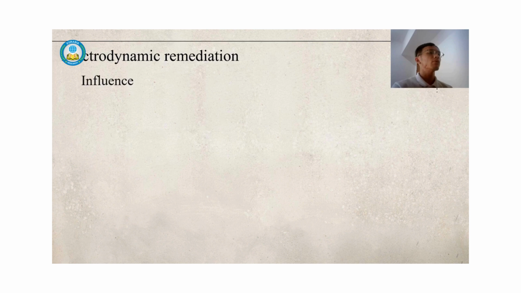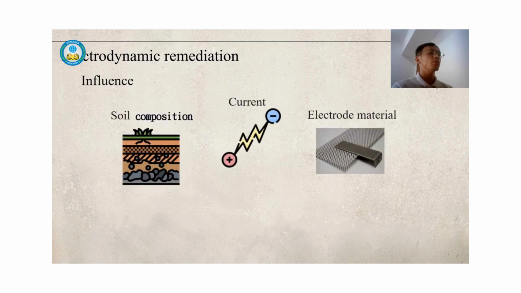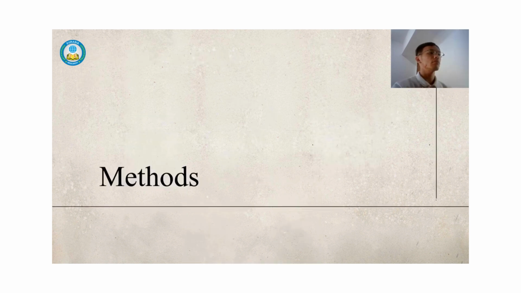There are many factors that affect the remediation effect, like soil composition, current, electrode material, electrolyte, and efficiency. Our research mainly focused on electrolyte and efficiency.